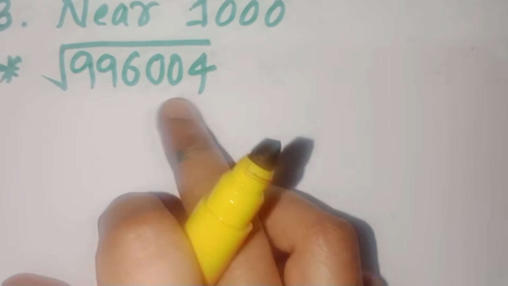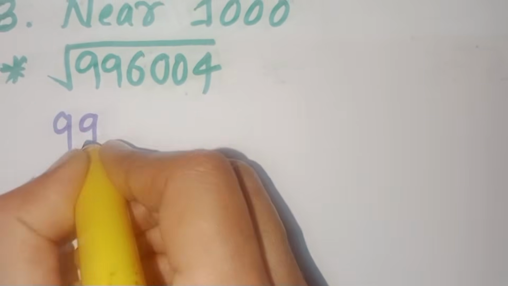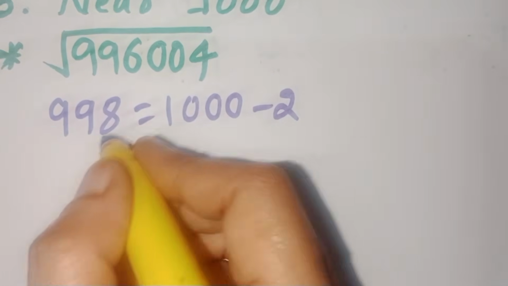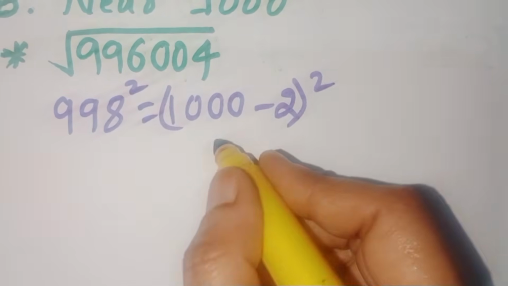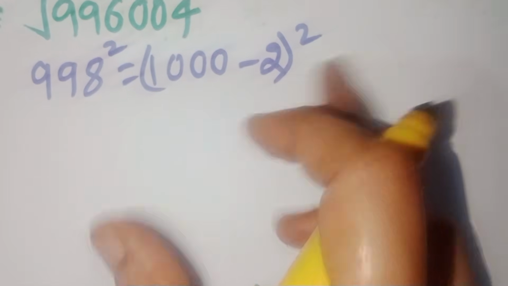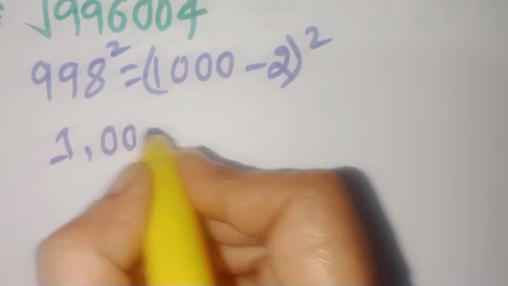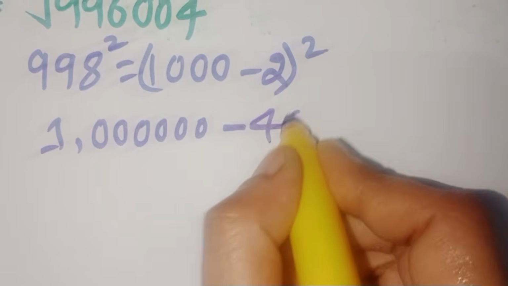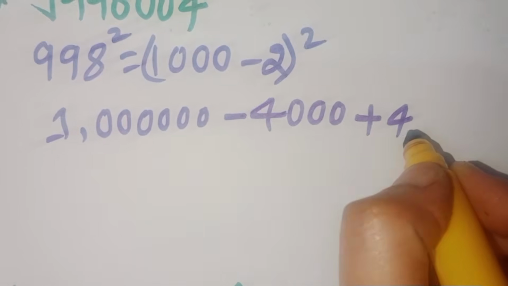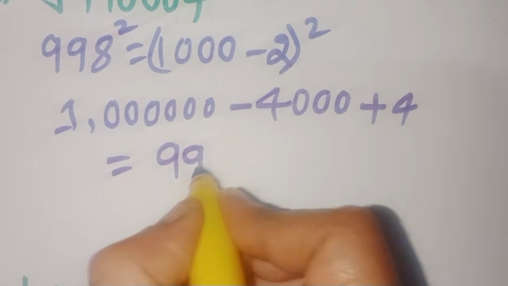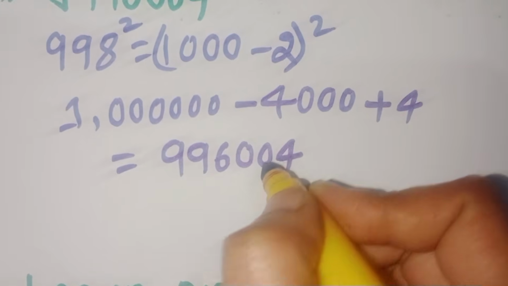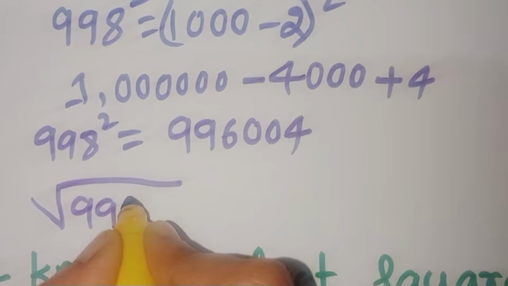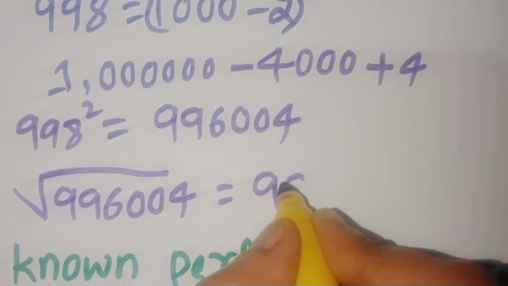Example is square root of 996004. 998 is 1000 minus 2. 998 square is 1000 minus 2 whole square. 1000 minus 2 whole square is 10 lakh minus 4000 plus 4, that is equal to 996004. 998 square is 996004. Square root of 996004 is 998.